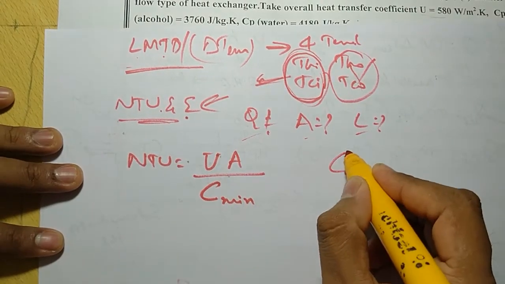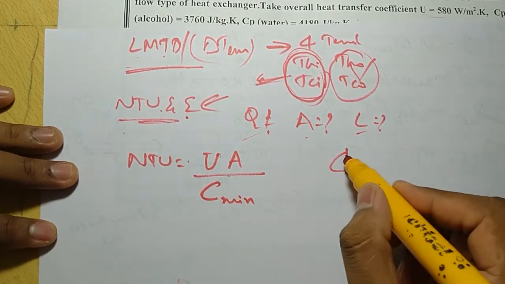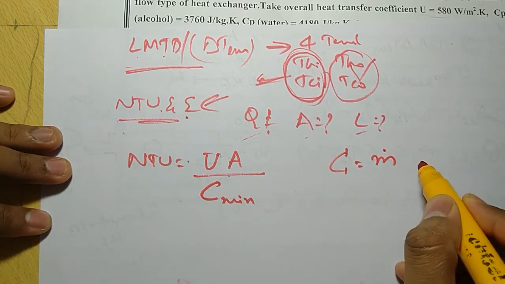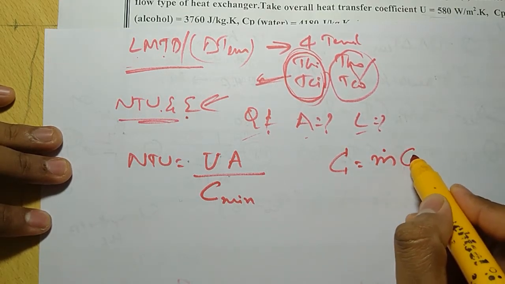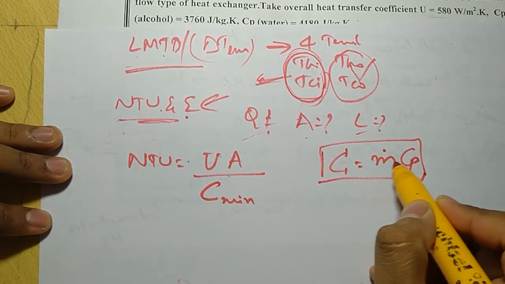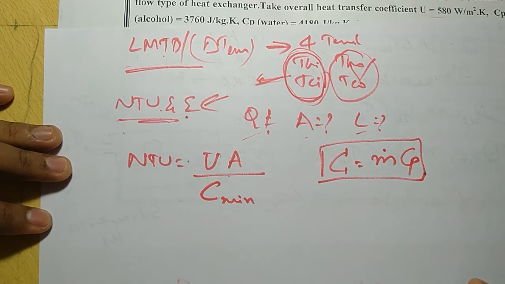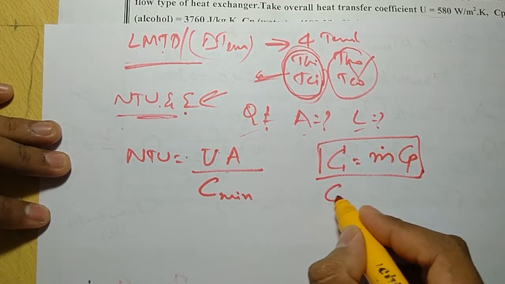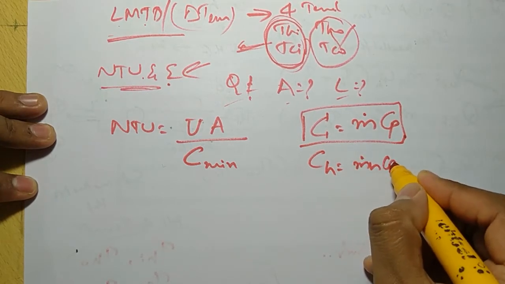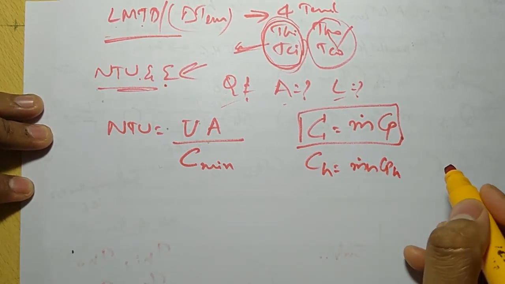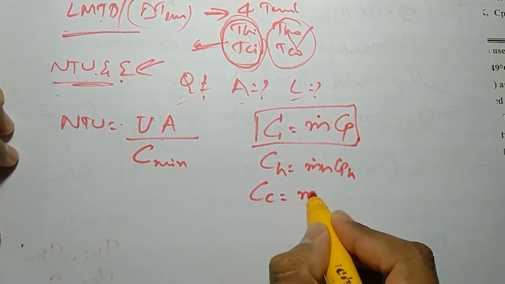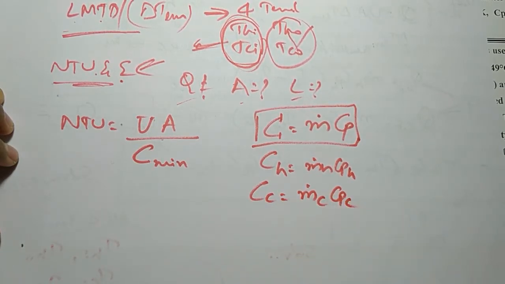C means heat capacity rate, which is the product of the mass flow rate of the fluid and the specific heat, m dot Cp. For the hot fluid, you call it CH, that is m dot H Cph. For the cold fluid, Cc is m dot C Cpc.